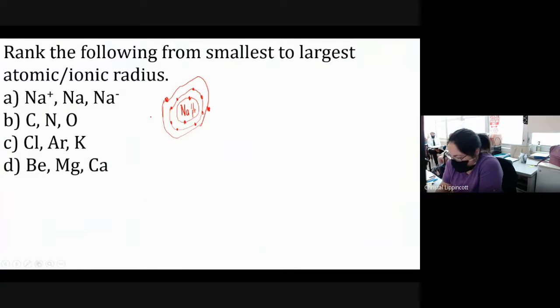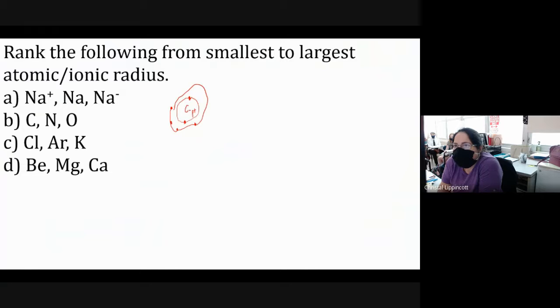Carbon, oxygen, and nitrogen. One, two, three, four. I got carried away. All right, so here I've got my carbon. I got my 4 electrons out here.